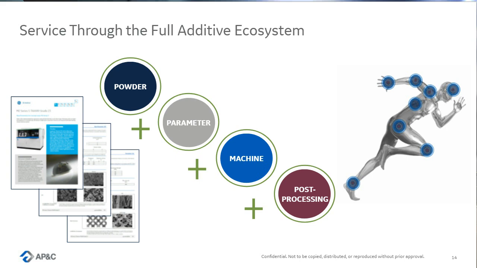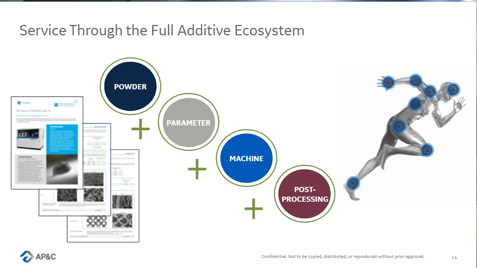And by that, I mean, yes, having a powder that matches with some parameters that go on the machine, and also the post-processing. That's something that AP&C and GE Additive can bring. You've probably seen, or you can ask for, data sheets that link machine with parameters, with powder, with post-processing, to give you a guide of the capability of that full ecosystem. Why is it great to have that? Well, it's not just that it's already a milestone and you know you're going to print.